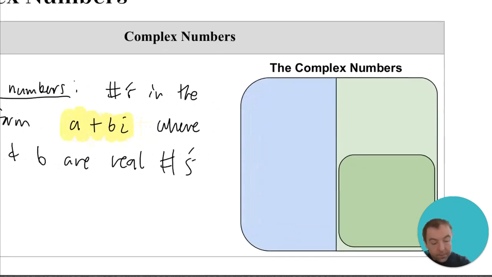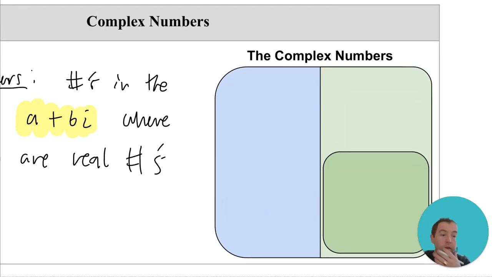Okay. So when you start breaking up the complex numbers, you can break up complex numbers into kind of two different parts. Complex numbers that are actually just purely real, and then complex numbers that are purely complex.